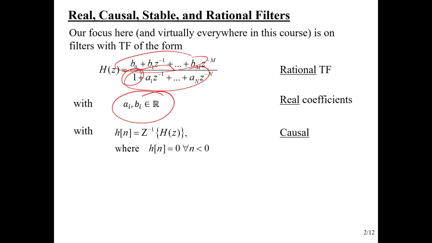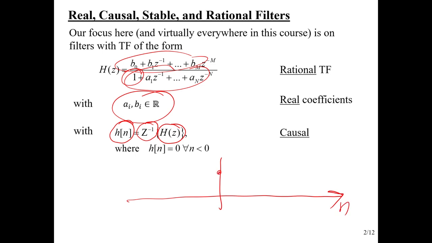But from our point of view, once we have the transfer function, we take the inverse z transform, and the thing that we get is the impulse response. So remember, that is the thing that comes out of the system if we put in a discrete time delta function. Remember, the discrete time delta function goes to 1, not infinity like a continuous time one. And it's 0 everywhere else.